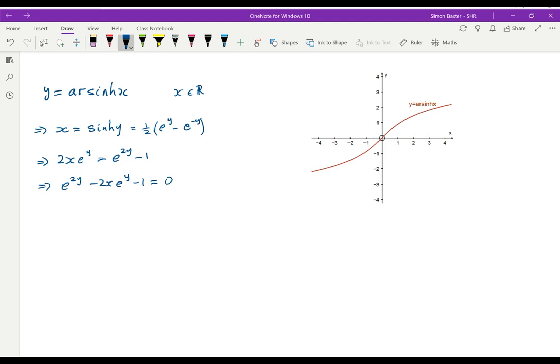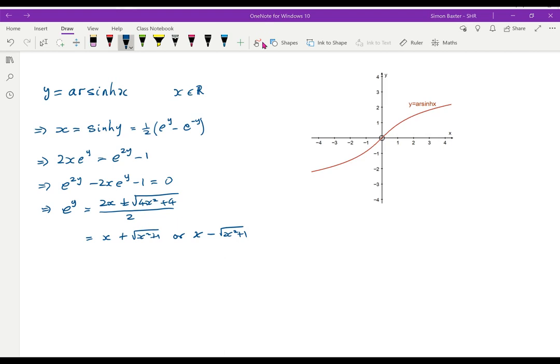Now this is a quadratic equation in e to the y, so we will get that e to the y is equal to minus b, which is 2x, plus or minus the square root of b squared, which is 4x squared, minus 4ac, which is plus 4, divided by 2. And that is equal to x plus root x squared plus 1, or x minus root x squared plus 1.